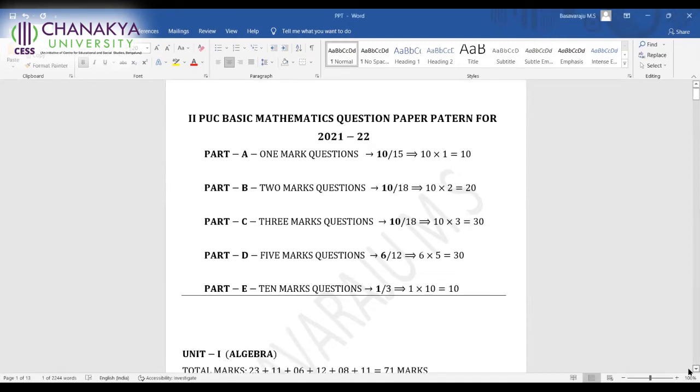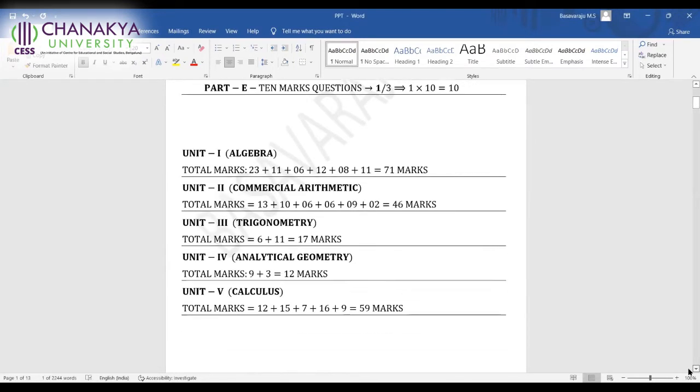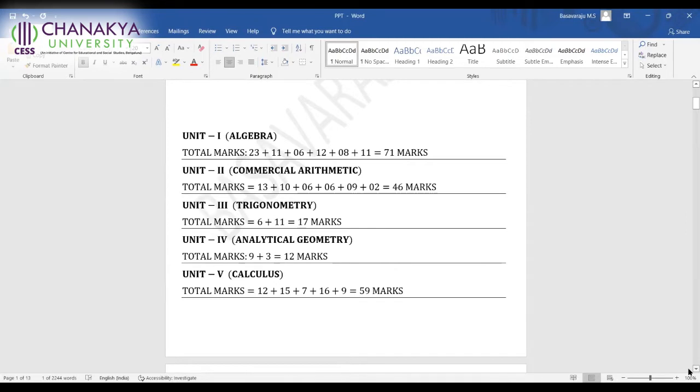And after that, hope you know that in business mathematics, you will have 5 parts: algebra, commercial arithmetic, trigonometry, analytical geometry, and calculus. These are the 5 different parts in business mathematics. Hope you are already aware of the chapters in the algebra section, commercial arithmetic, trigonometry, analytical geometry, and calculus.